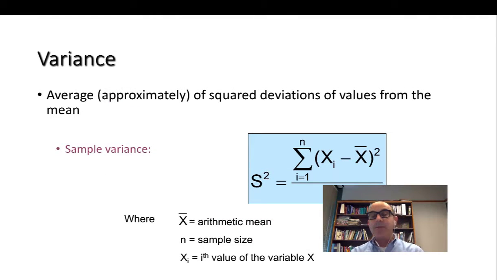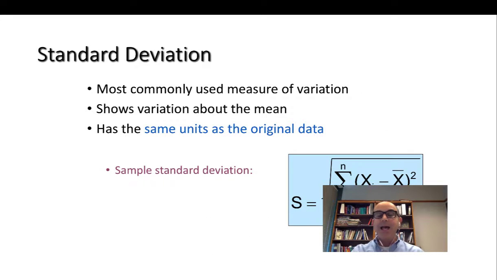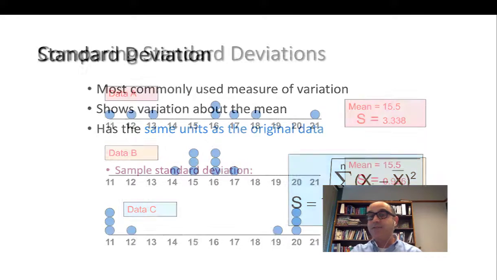The variance is part of how we are looking at the standard deviation, and the variance is the average of the squared deviations of the values from the mean, and this is the formula. The standard deviation is the most commonly used measurement of variation, and it shows the variation about the mean. It has the same unit as the original data. The simple formula of standard deviation is as follows.